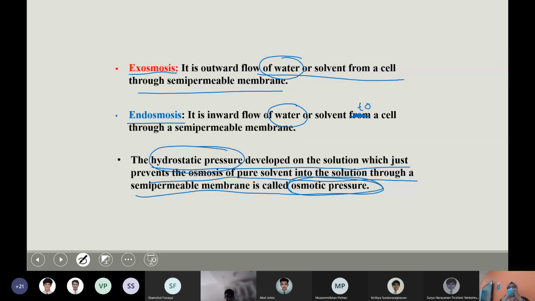If the solvent is water, basically it is hydrostatic pressure. Otherwise, what we defined last class is also correct. The pressure required just to stop the osmosis is called osmotic pressure. This is another way of defining it, especially in terms of the movement of water in the cell.